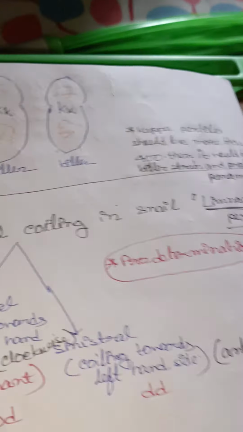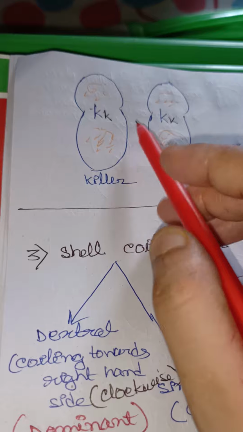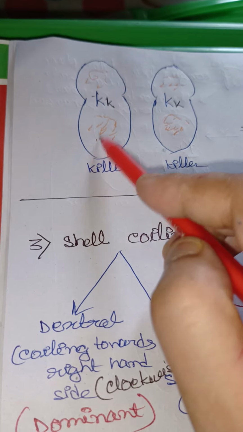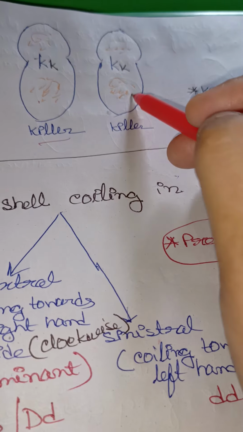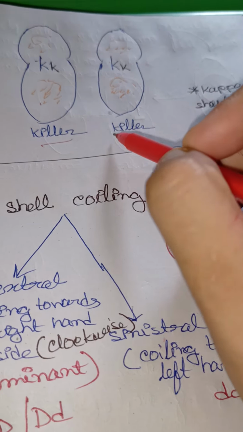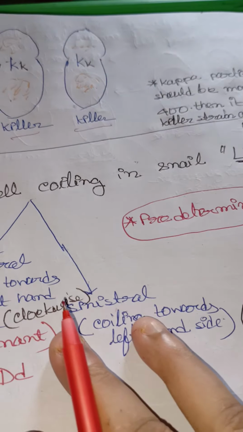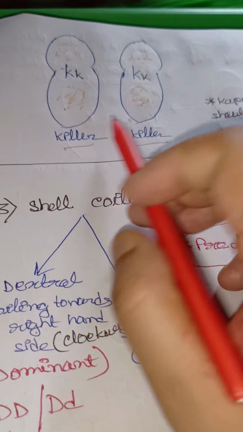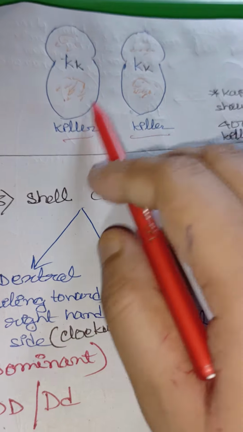Now the resulting two offspring: the K gene is present, also the kappa particle is present, that's why it will be killer. And here also kappa particle is present and K gene, this is also killer. So when the nuclear material and the cytoplasmic material both are exchanged, the offspring we get are both killer strand.